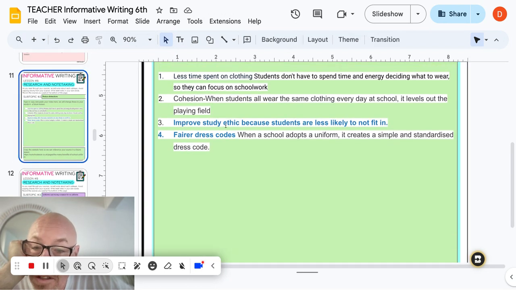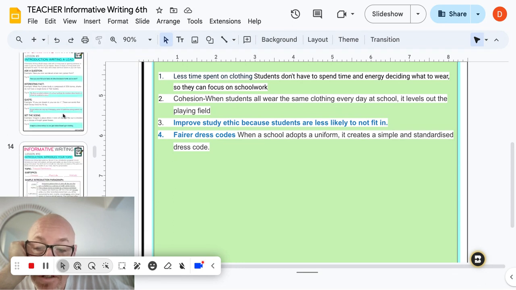Improve studying. Cohesion means people get along, and less time spent on clothing. Okay, so I'm going to do this.